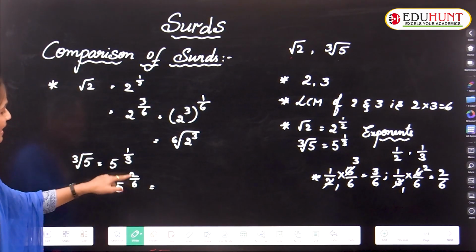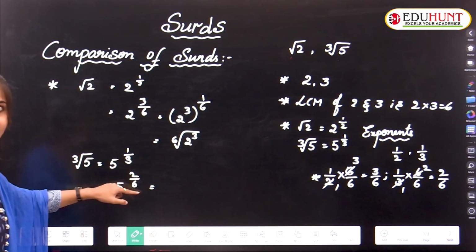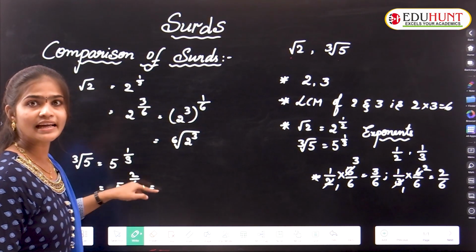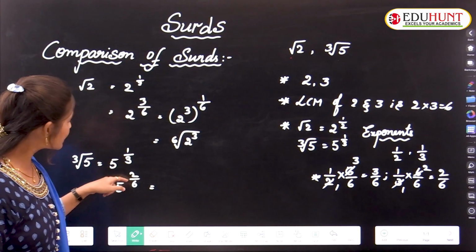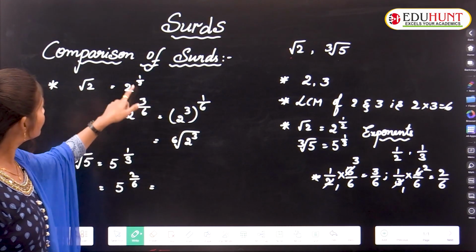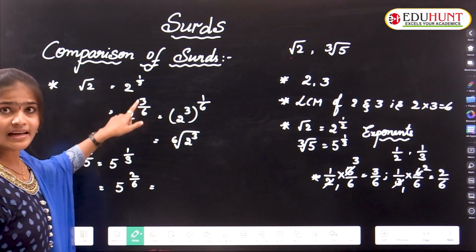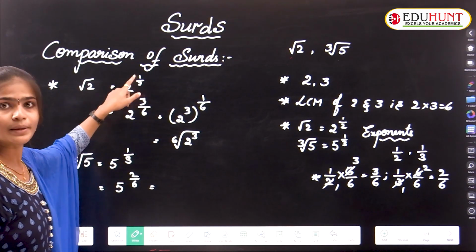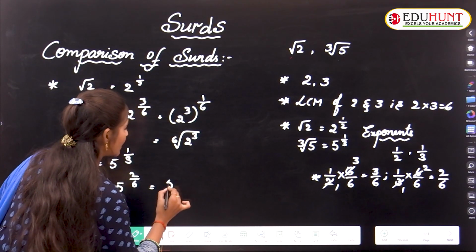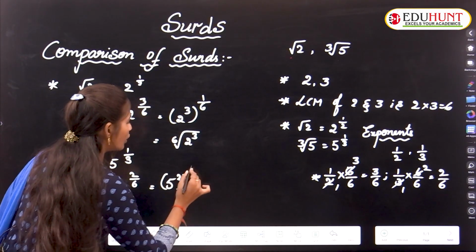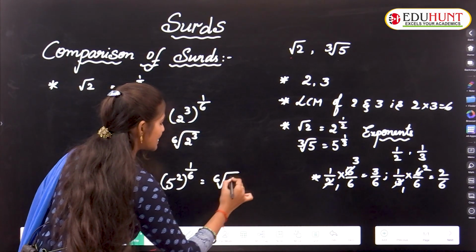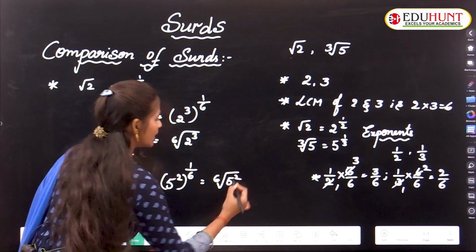Because 2 by 6 is an equivalent fraction of 1 by 3. After cancelling, again we get 1 by 3. Here also, after cancelling 3 by 6, again we get 1 by 2. So 5 square whole power 1 by 6, which we write as the 6th root of 5 square.